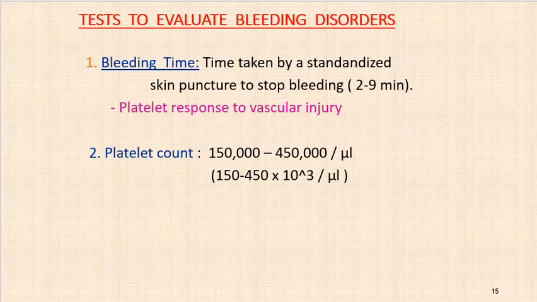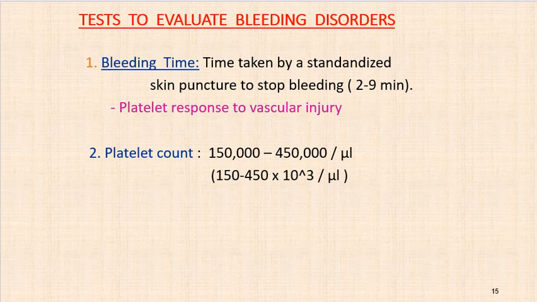That is called bleeding time, and the normal bleeding time is 2 to 9 minutes. Actually, the bleeding time is the platelet response to vascular injury. This time will be prolonged when platelet deficiency occurs, platelet number is reduced, or the platelet function is disturbed.